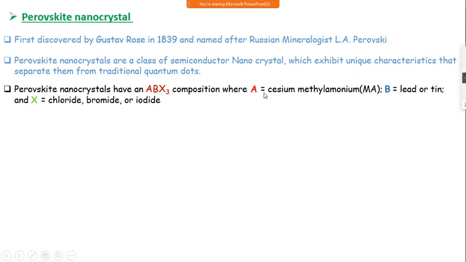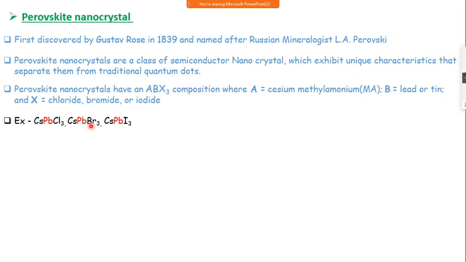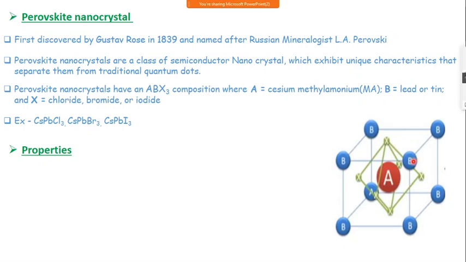One example is mentioned here: A is cesium or methyl ammonium, B is lead, and X is chloride, bromide, or iodide. I red marked the Pb because it is a toxic material. That is the structure of ABX3. You can say this is a body-centered type diagram, with A at the center, and six X in an octahedral shape around A.